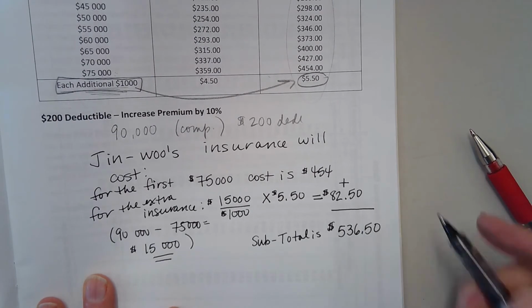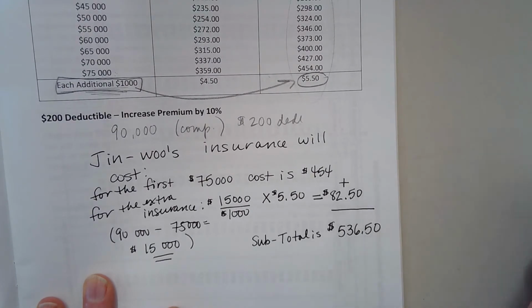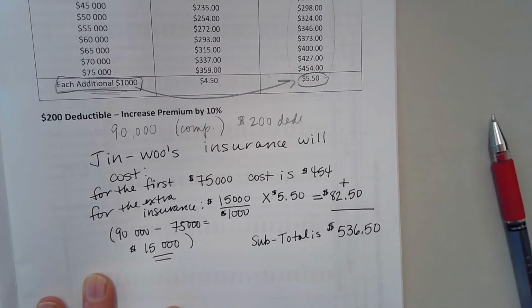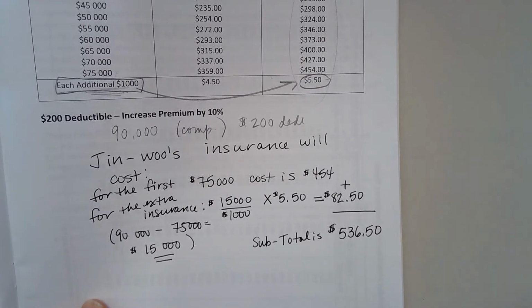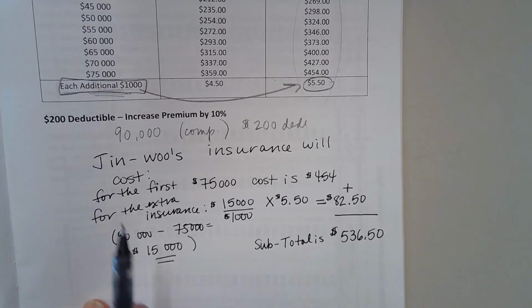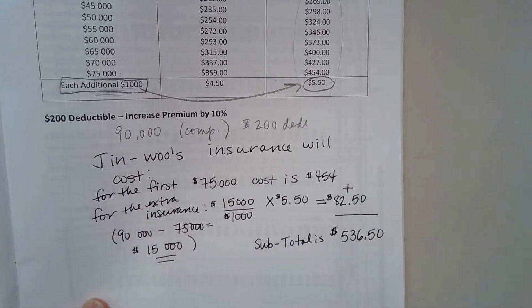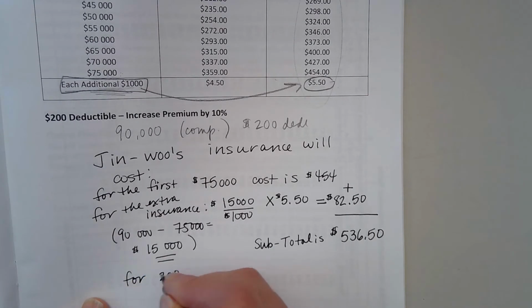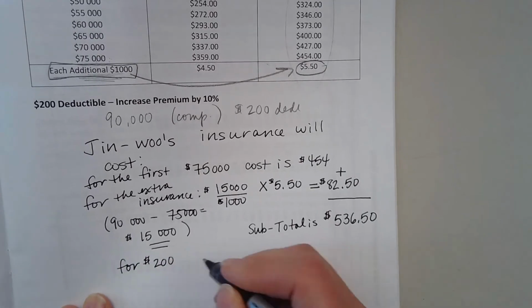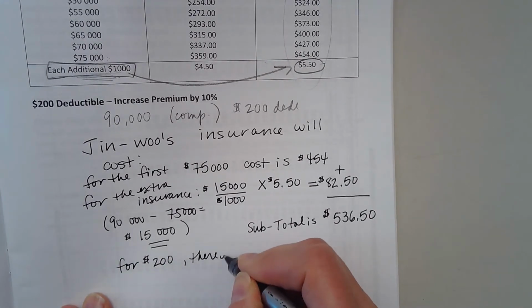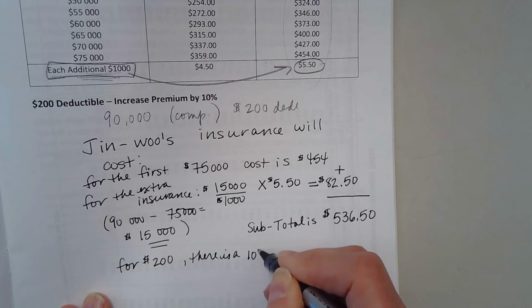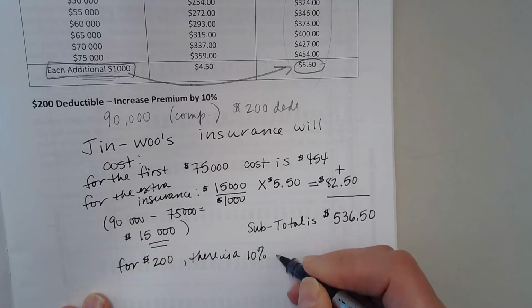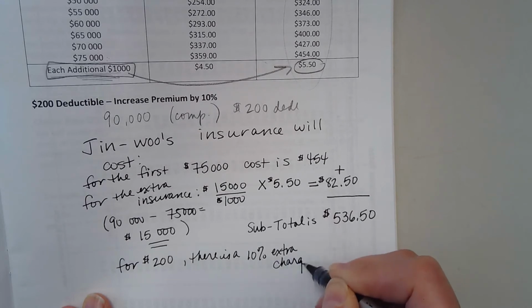Okay, so the insurance charge or insurance premium, that's what they call the insurance charge, the premium, for a $200 deductible is, okay, so I have $536.50 times, okay, I'm adding that 10% on, right?